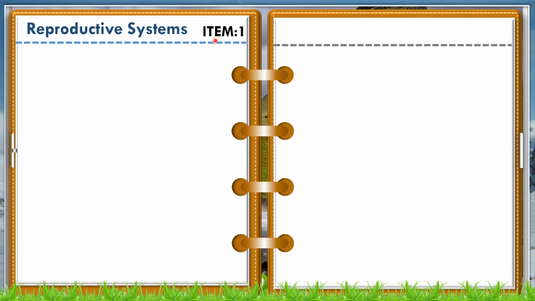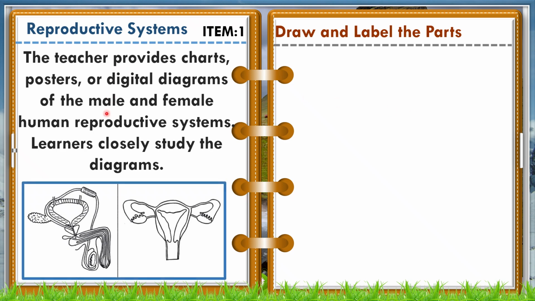The teacher provides charts, posters, or digital diagrams of the female and male human reproductive systems. Learners closely study the diagrams.